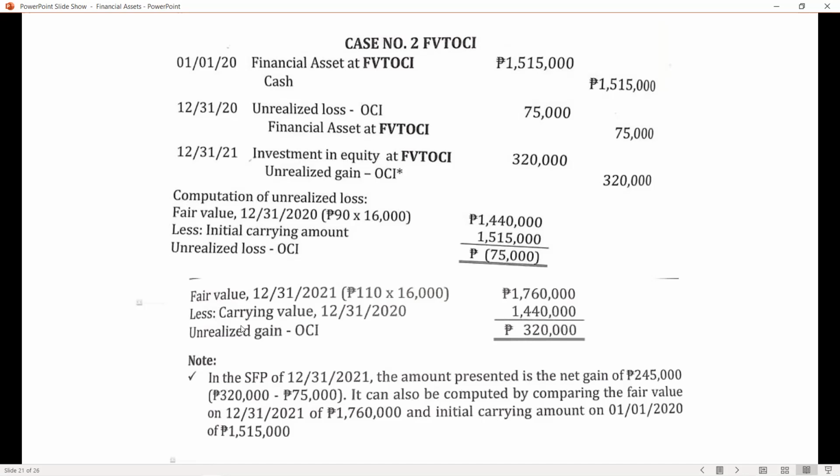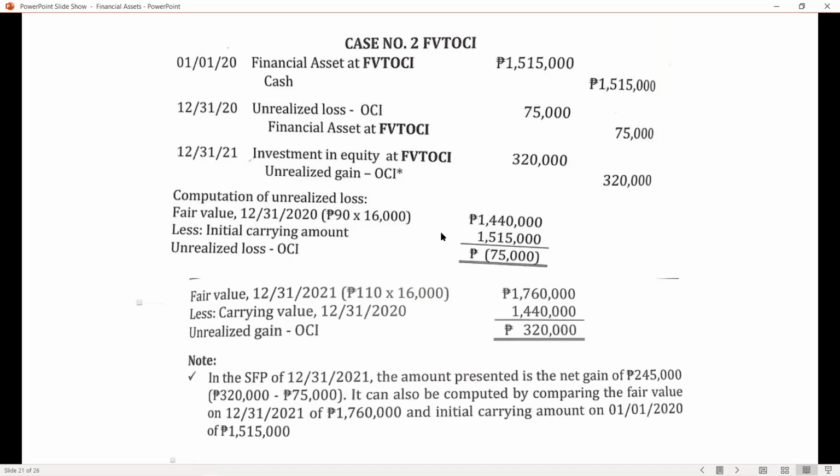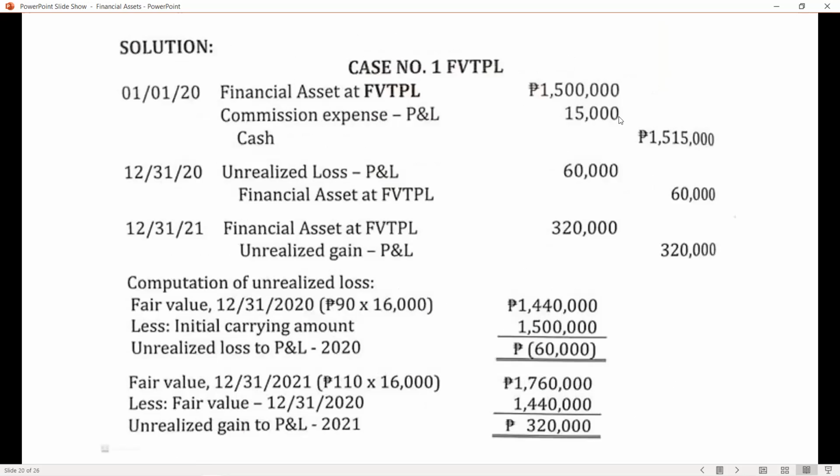Kaya, yung unrealized gain natin under OCI is 320,000, which is same lang dito kay FVPL. Nagkaiba lang sila dito sa first adjustment natin kasi nga si FVPL at saka si FVOCI, magkaiba sila sa initial measurement.